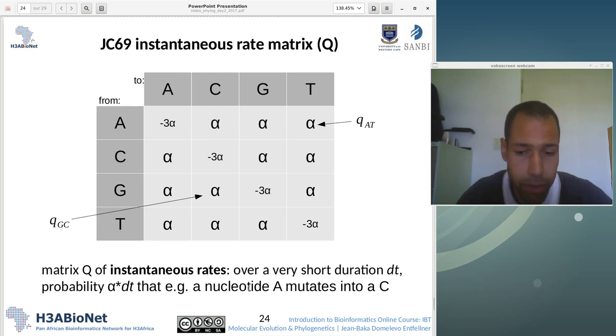So you have a probability alpha times dt that a nucleotide A mutates into a C. Because you have only one rate here, there is equality between this and that.